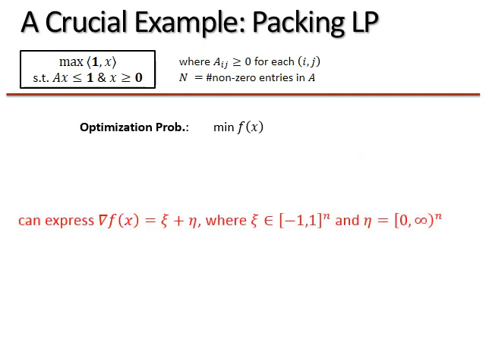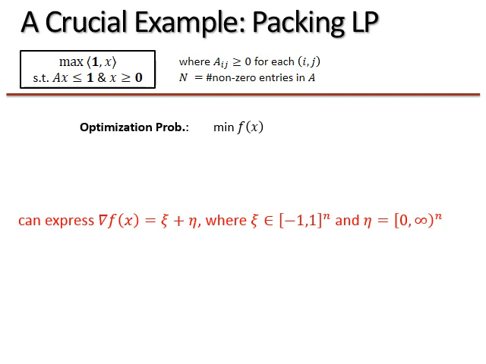In these two separate papers, we express the gradient of function f as a summation of two components, one denoted by ξ and one denoted by η. It turns out that for packing linear programming, one can assume that ξ is between -1 and 1, and η is between 0 and infinity.